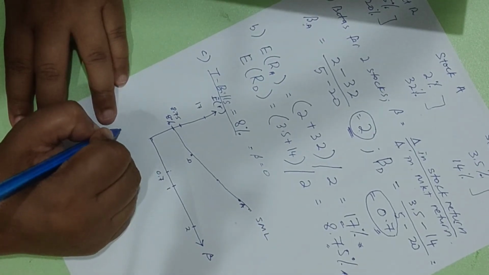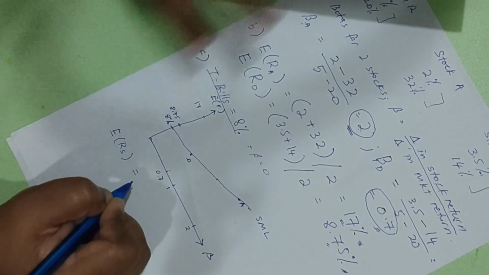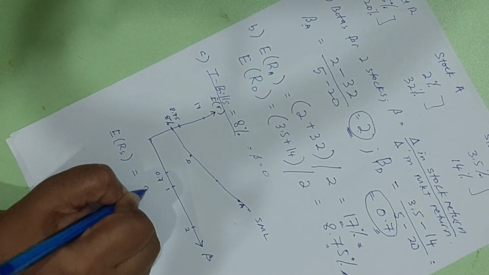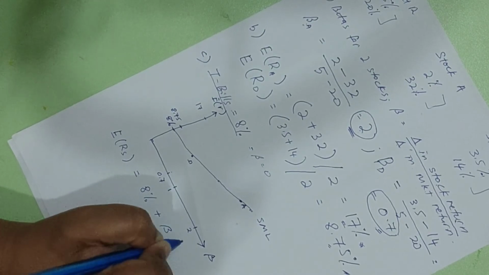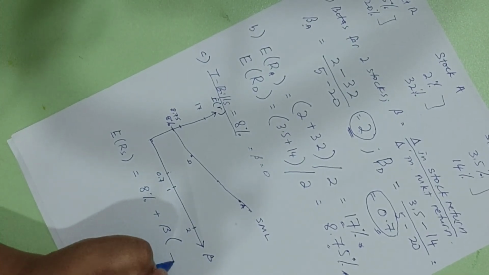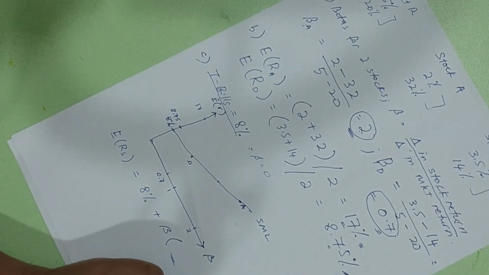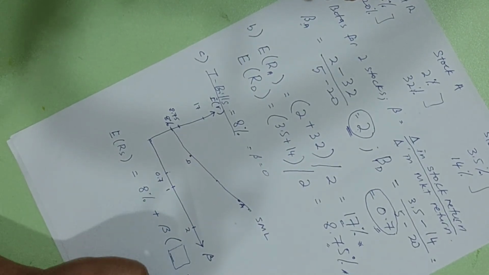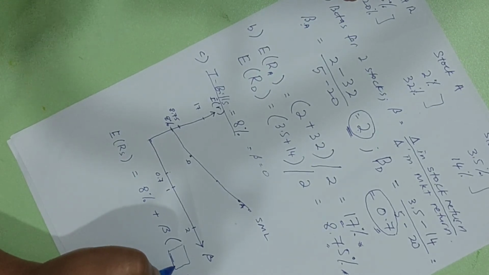The equation for CAPM is ER equivalent to the T-bills RFR 8% plus beta times RM minus the 8% RFR. So the question is, what is the RM here? Remember the clue is the market return is equally likely, right?